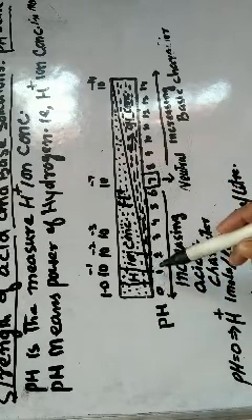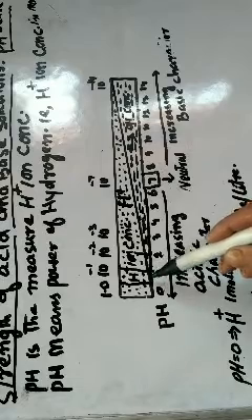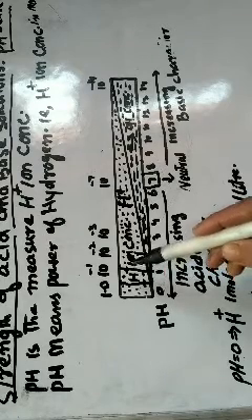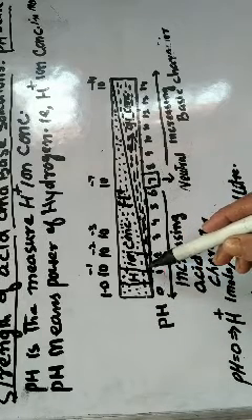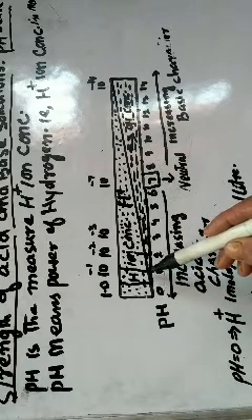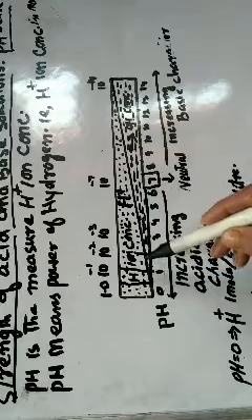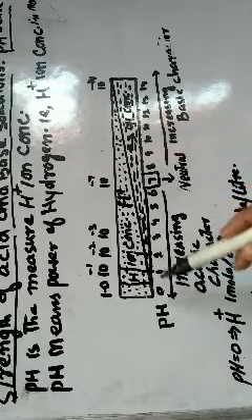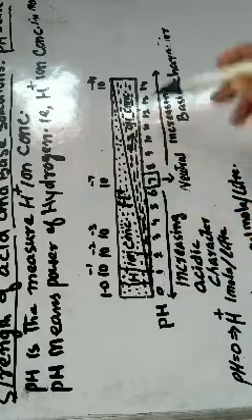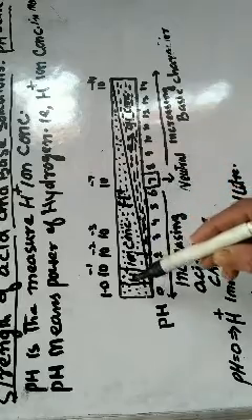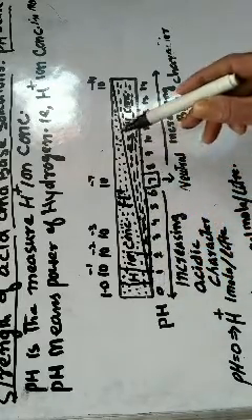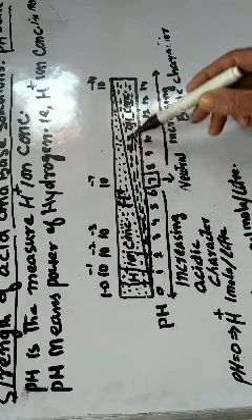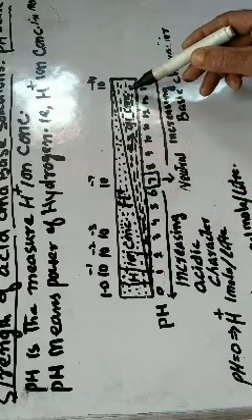When pH is 1, it means high concentration of H positive ions and very low concentration of OH negative ions. We see when pH moves from 0 to 14, H positive ion concentration is decreasing and OH negative ion concentration is increasing.